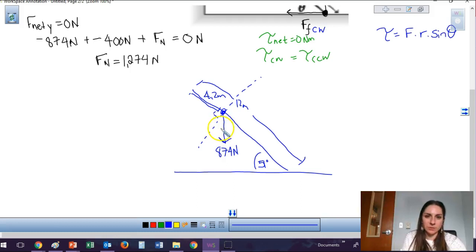So the question is, what is this angle right here? Now, if this is 51, this angle right here is 39 degrees, which means that this angle then is 51 here, like that. So I'm doing a little angle analysis.